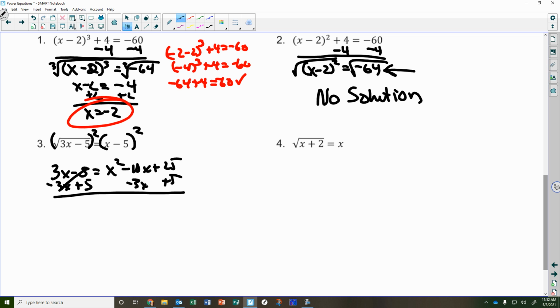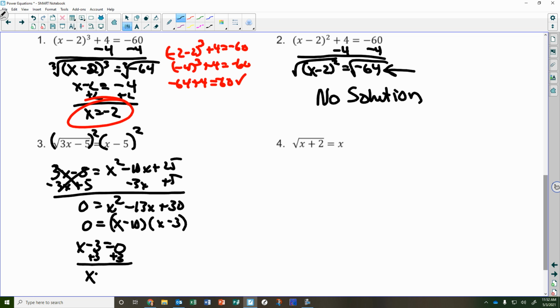That's 0. And I'll have my quadratic over here. So this factors into x minus 10 and x minus 3. So again, we're going to set them both equal to 0. And x minus 10 equals 0.